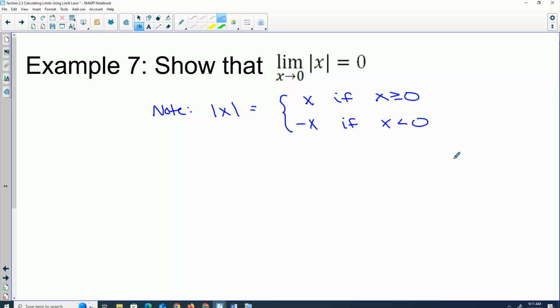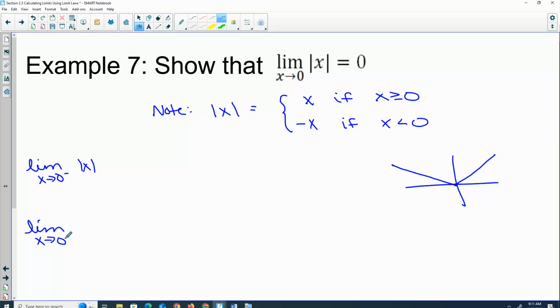All right, if you think about this, we know it looks like this. Okay, you have two separate sections of your graph, so we are going to do the limits separately. I'm going to do the limit as I approach 0 from the left, and then I'm going to do the limit as I approach 0 from the right.